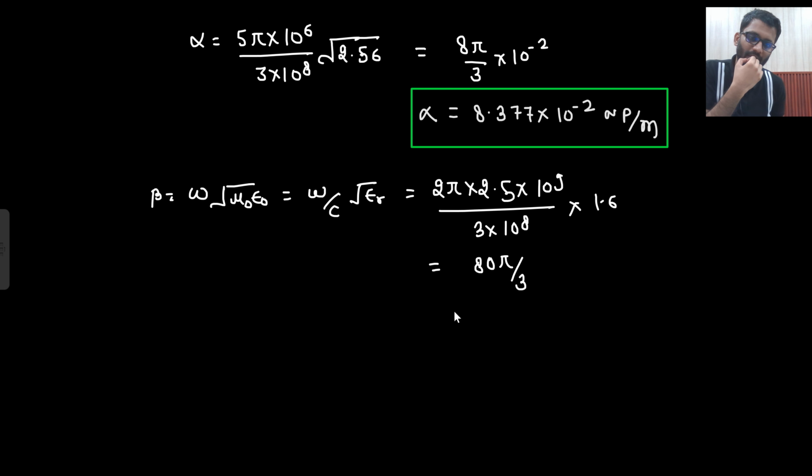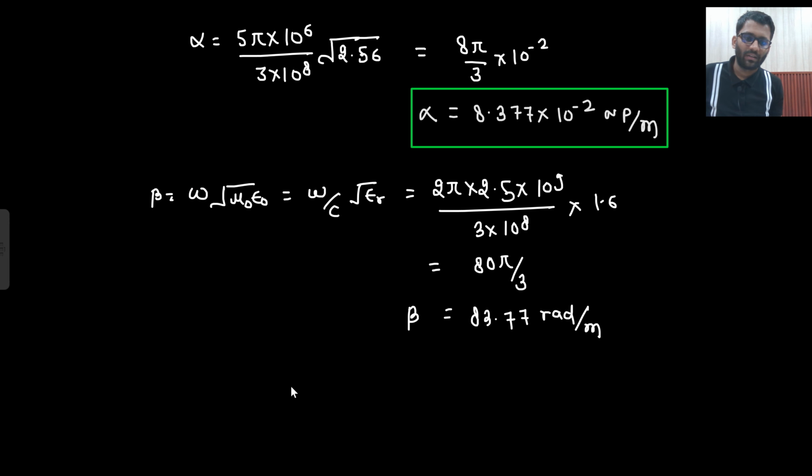Okay, so I am not sure if this is the correct answer. 2 pi 2.5 c is there and root epsilon 1.6, and root 2.56 is 1.6 only. Yeah, 80 pi by 3, this is the answer. So 83.77 radian per meter. This is the value of beta.